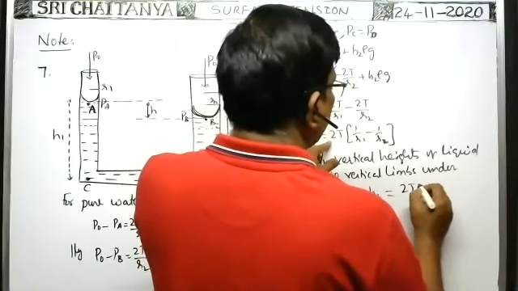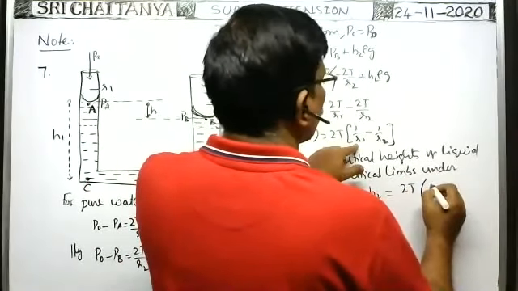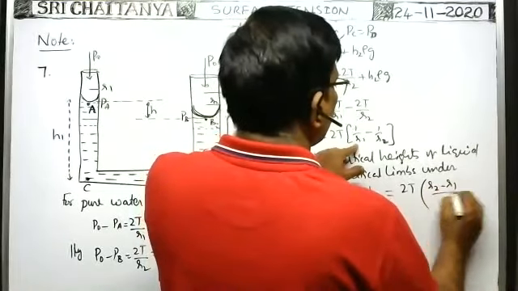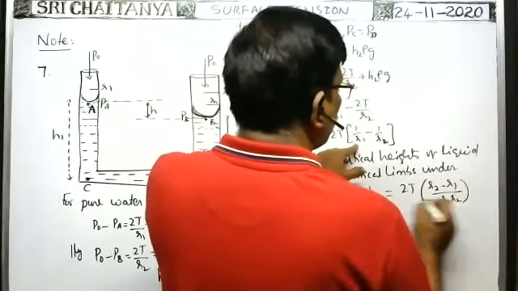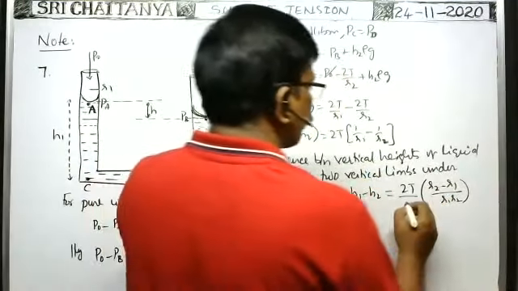That means 2T into, taking the LCM, R2 minus R1 by R1 R2, divided by rho g.